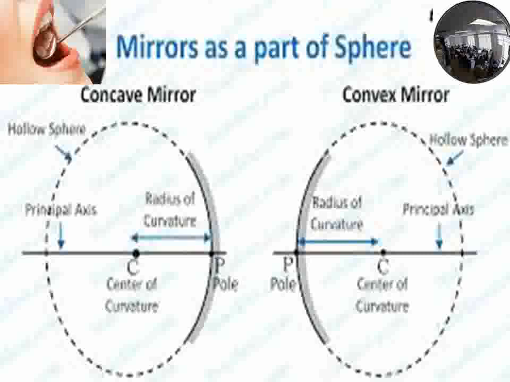The extended line joining pole and center of curvature C is known as the principal axis. The distances are measured from the pole. The distance of the center of curvature from the pole is known as the radius of curvature.